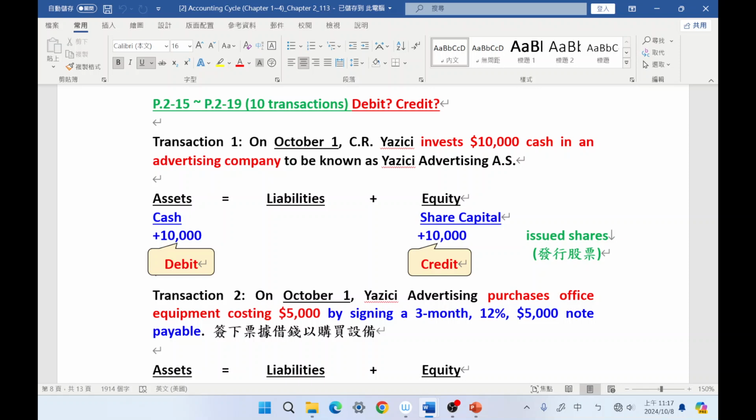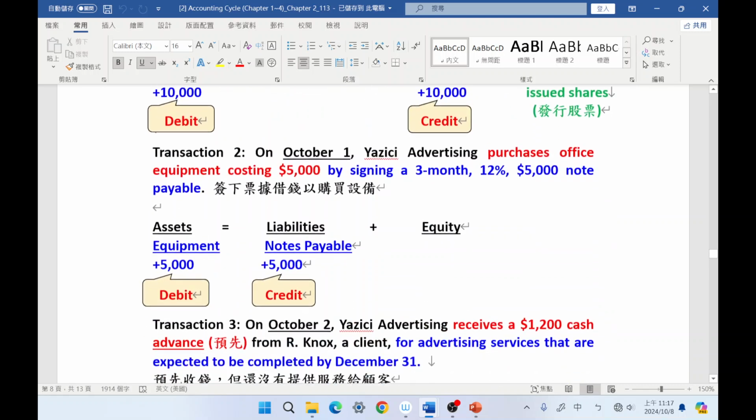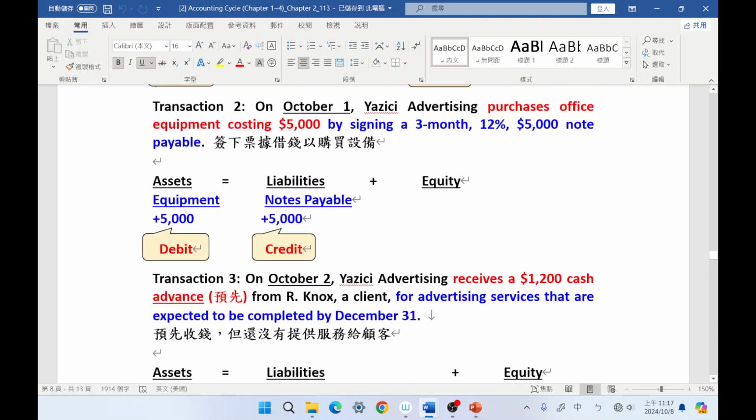How about transaction 2? At least one debit, one credit. And did you find out debit's number, $5,000, equal to credit's number, $5,000, okay? So they help you to double check whether you did the right thing or not.